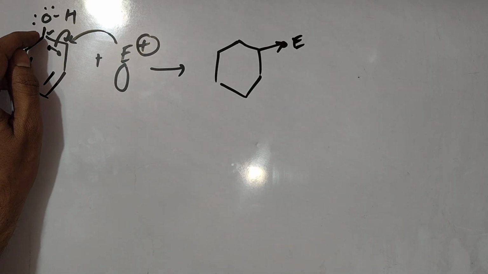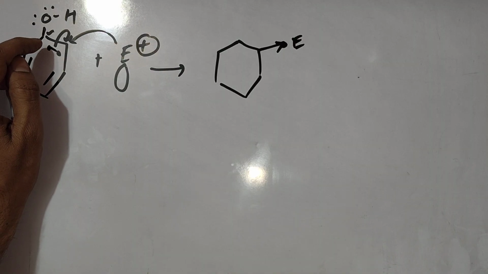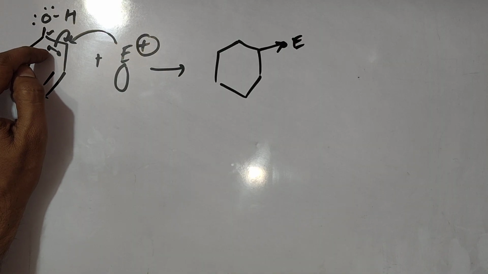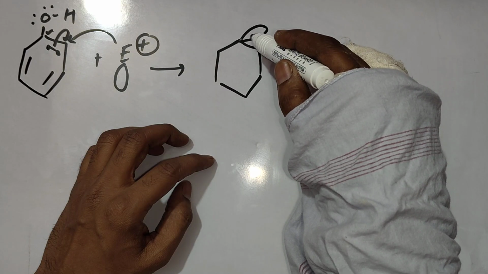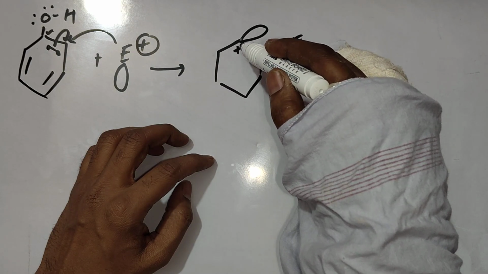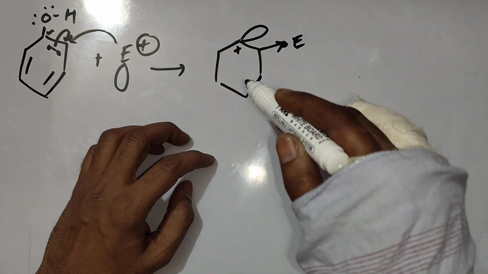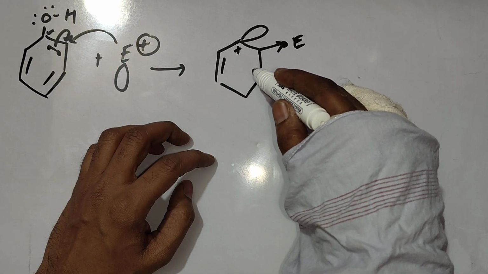The problem will be for this carbon which is connected with O. What is the problem? It has lost this electron. This electron was of this carbon, but it has lost it. So what will happen? A vacant orbital will come on this carbon with a positive charge on it. Rest everything will remain as it is, no change.